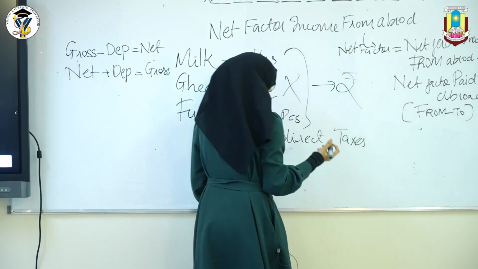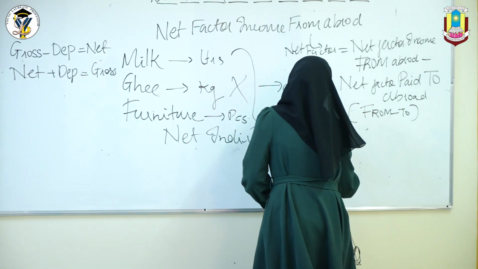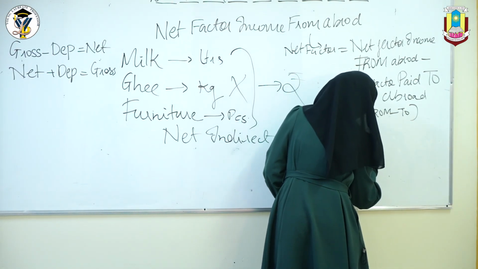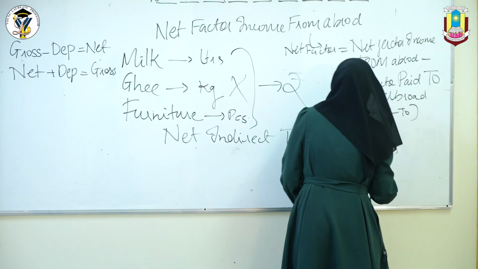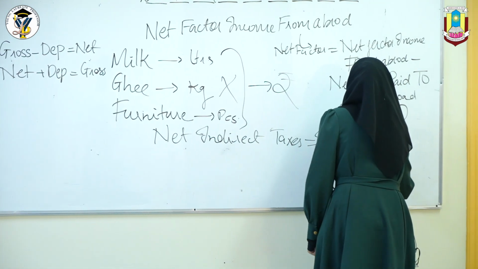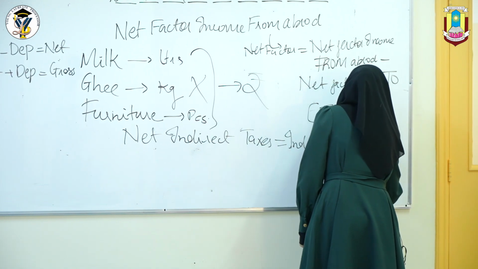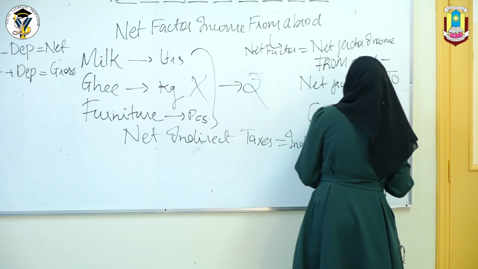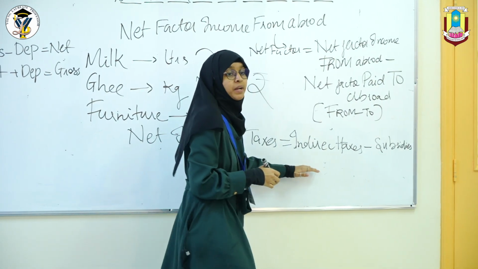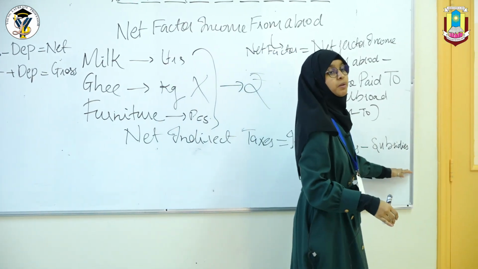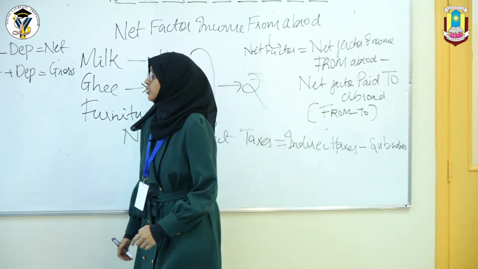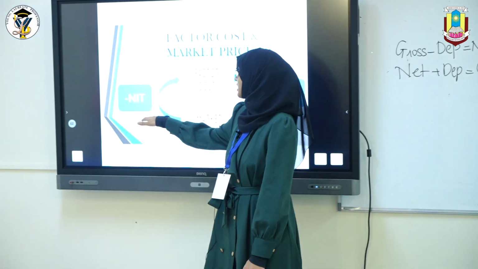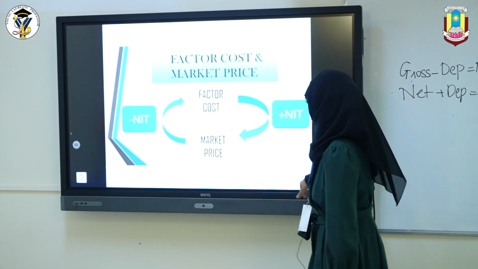It also has a formula: indirect taxes minus subsidies. Indirect taxes are what the government gets, and subsidies are what the government pays for different activities. When we add NIT, we get market price, and when we minus NIT, we get factor cost.